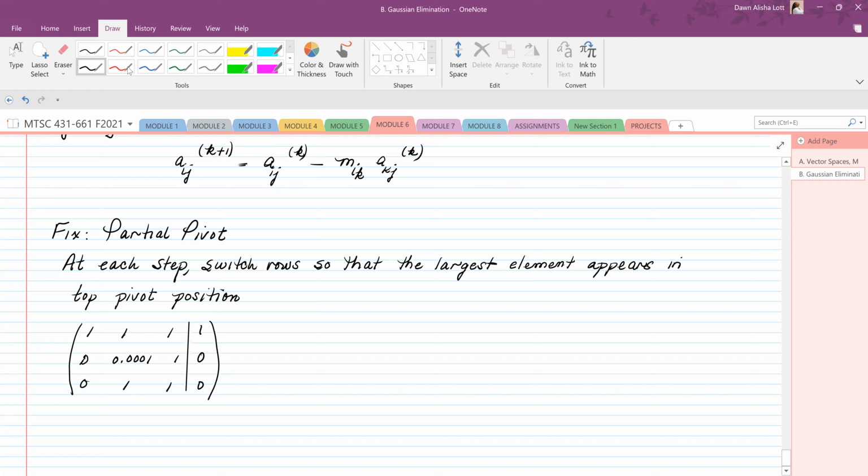And so now I'm going to switch row 2 with row 3. And then I'm going to get 1, 1, 1, 0, 1, 1, 0, 0.0001, 1, and then the right hand side is 1, 0, 1.